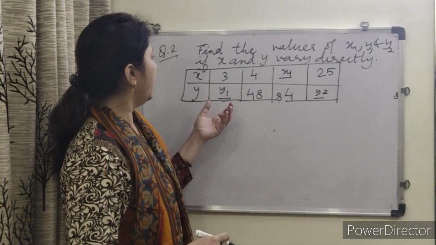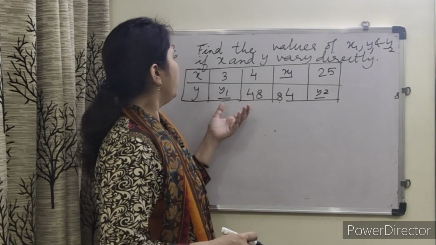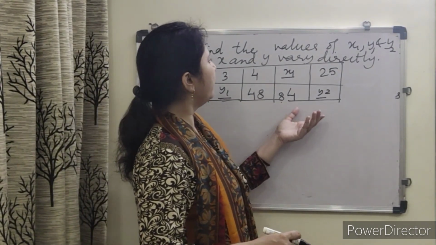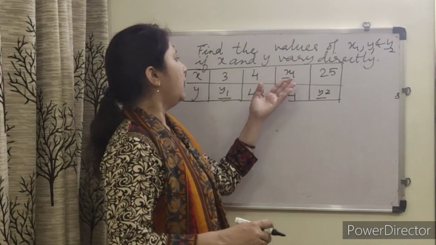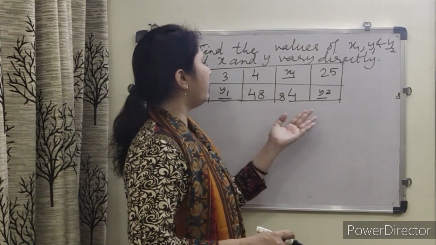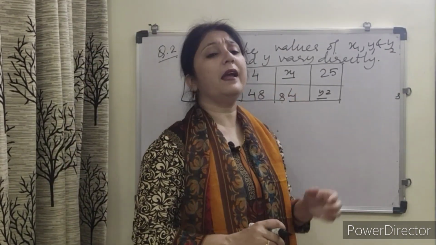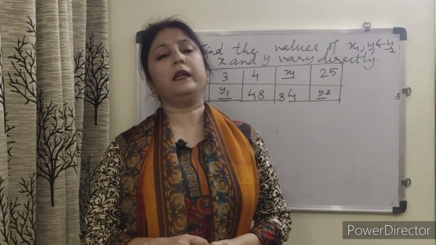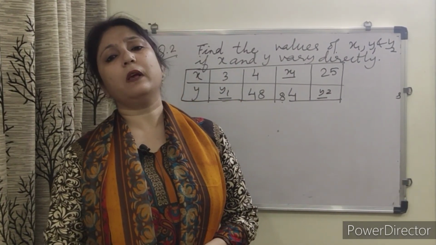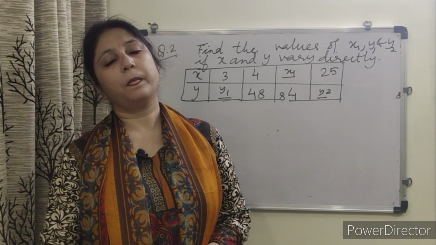Children, now there is a table showing some values, and some are unknown to you, marked x1, y1, y2. The question says that x and y vary directly, so you find out these unknown values.